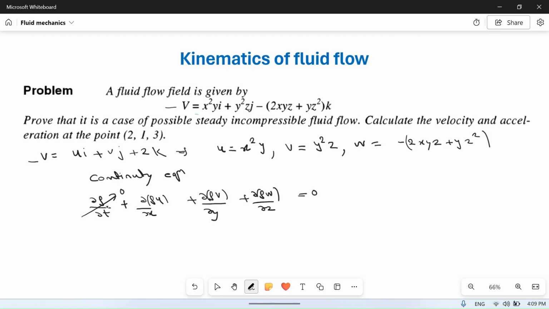And if it is steady flow, then the density will be constant with respect to space, so it comes out of the bracket. It becomes ρ(∂u/∂x + ∂v/∂y + ∂w/∂z) = 0.